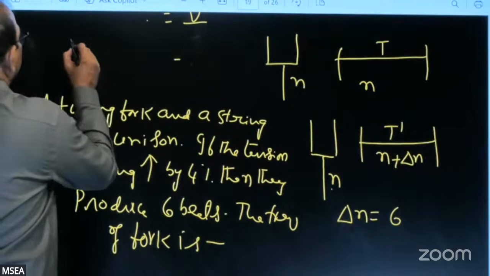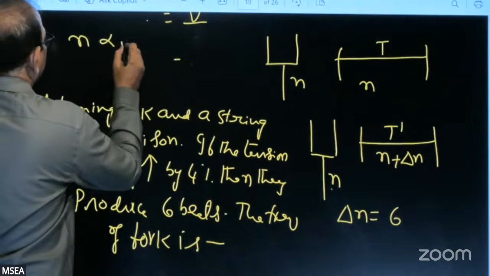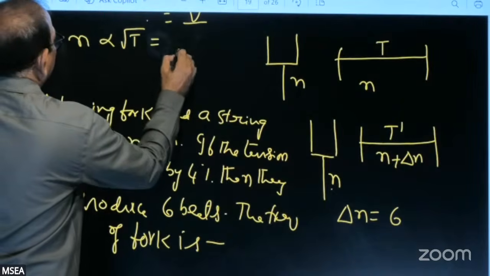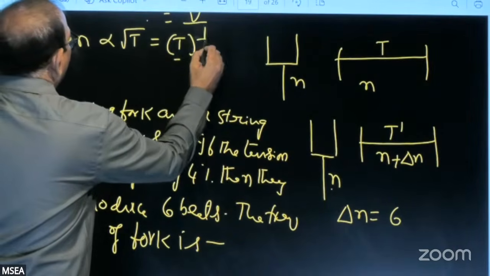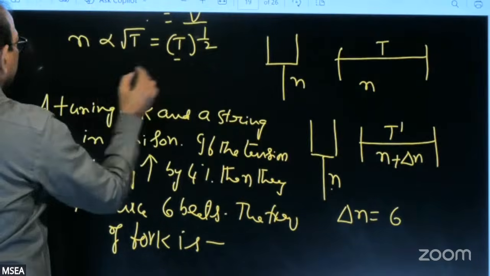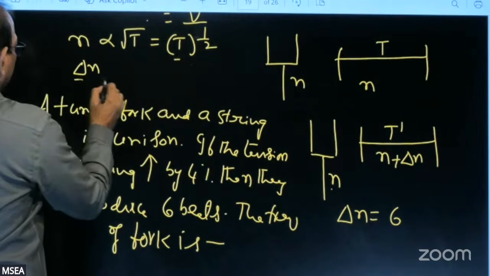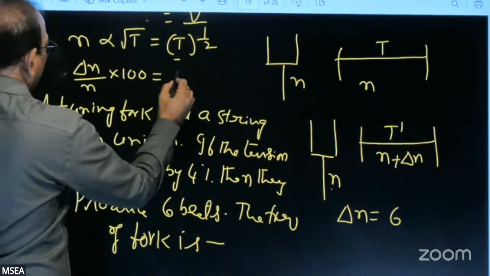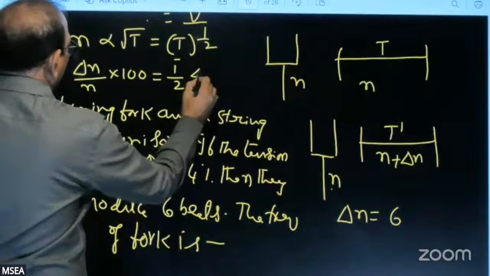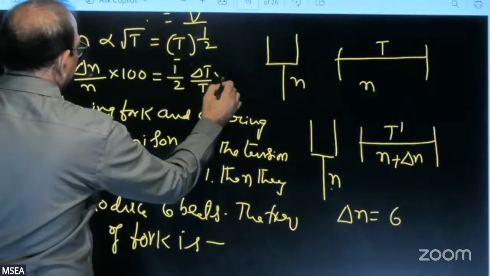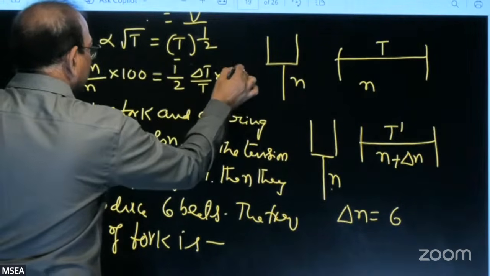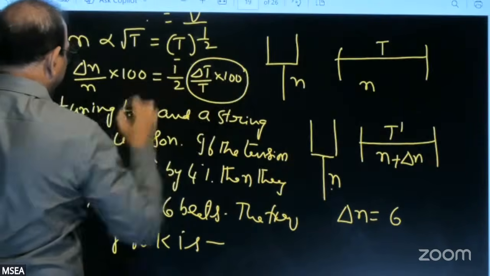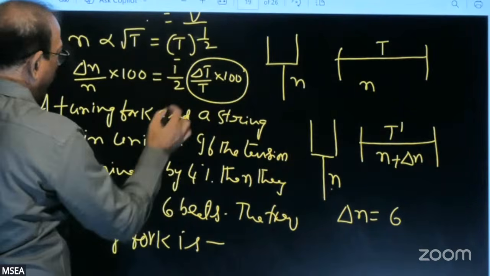Now for a stretched string, N is proportional to root T, that is T to the power of half, which implies delta N by N into 100 is equal to half into delta T by T into 100. This delta T by T into 100, the percentage change in tension, is 4 as given.